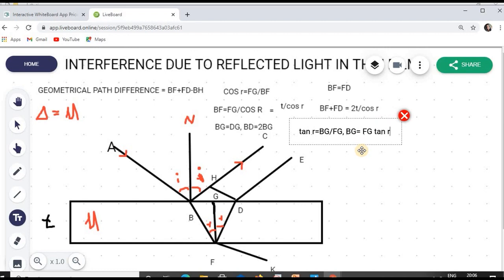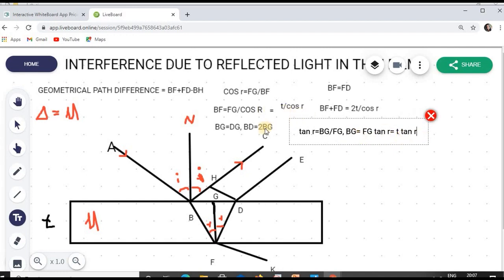And FG is again small t, so BG is equal to t into tan r.